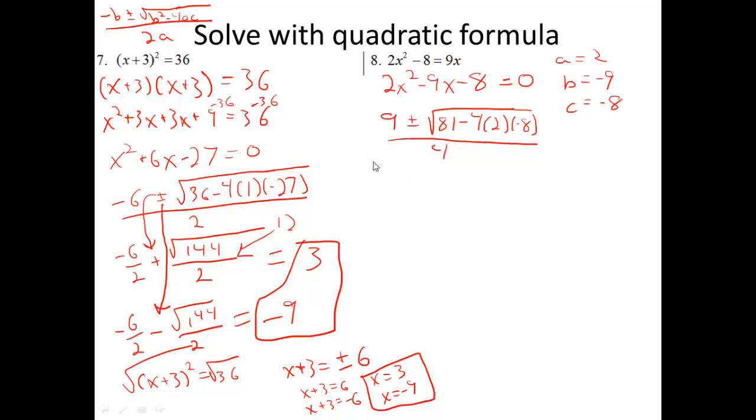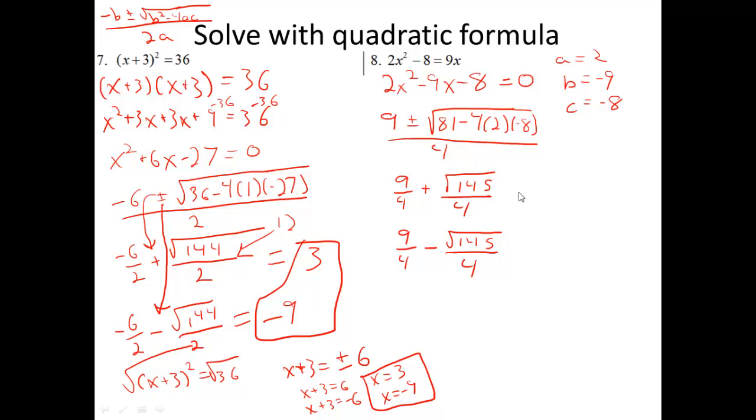So we have 9 over 4 plus the square root of 145 over 4. And with 9 over 4 minus the square root of 145 over 4. Now the square root of 145 is 12.04.